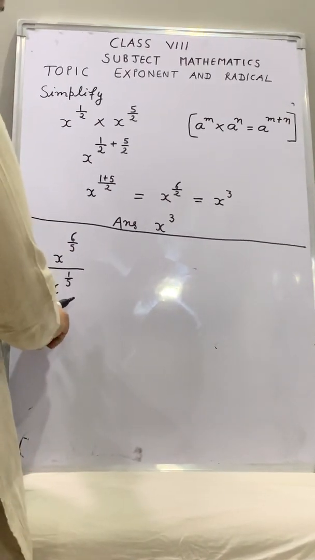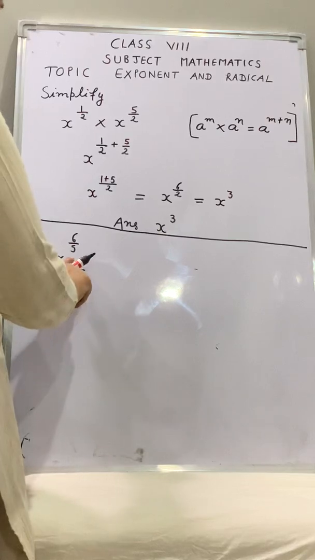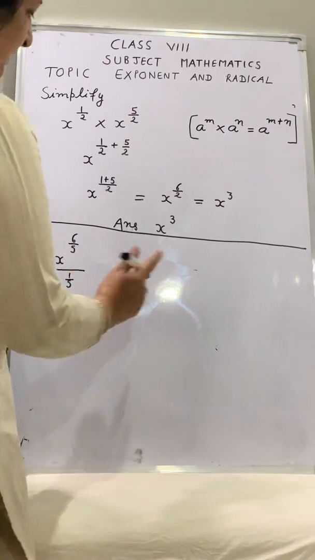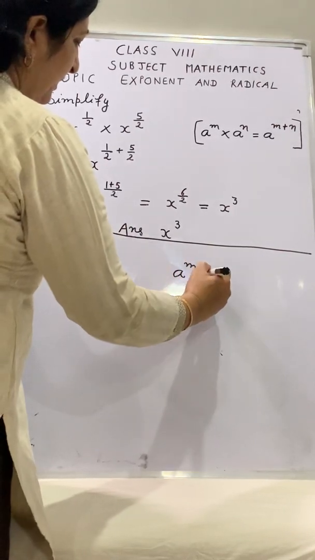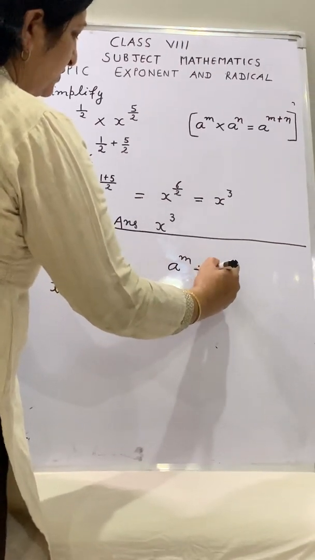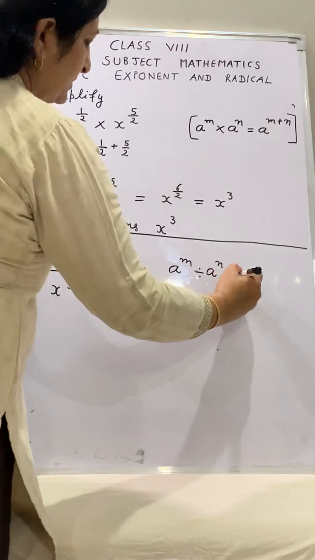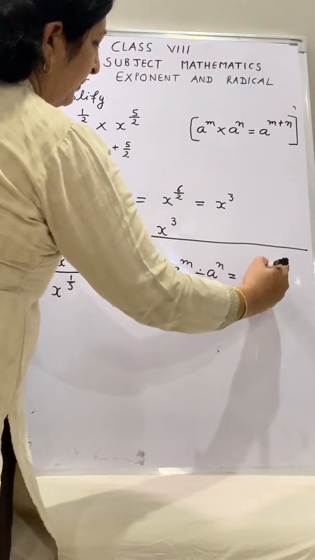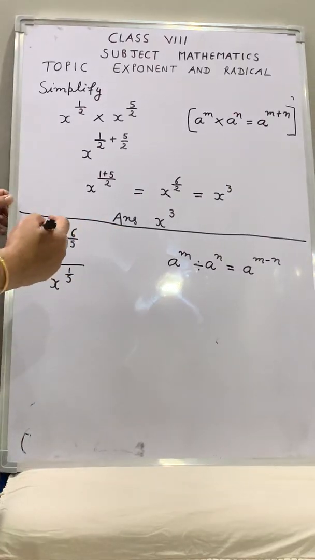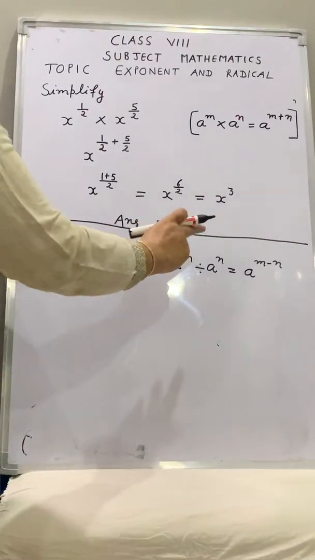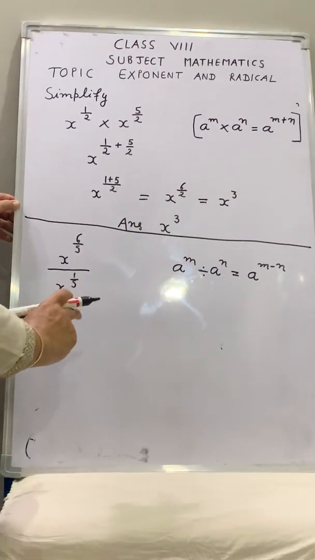Base is same but it is dividend and divisor. We will apply a raised to power m divided by a raised to power n is a raised to power m minus n. We will subtract the exponents now.